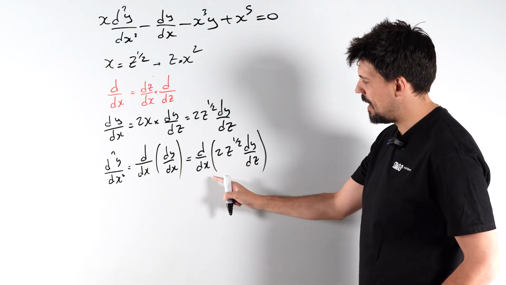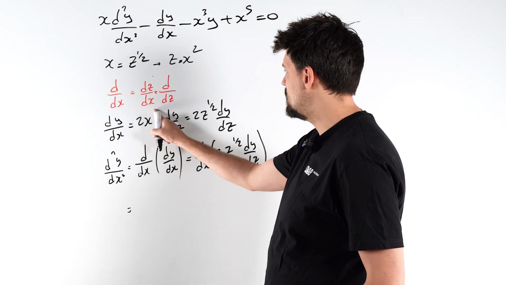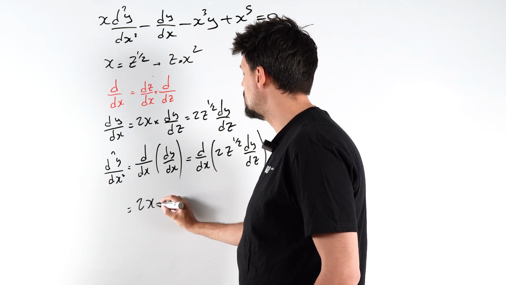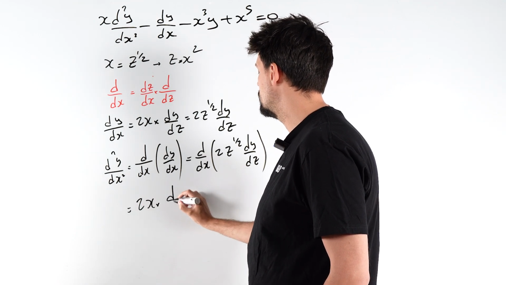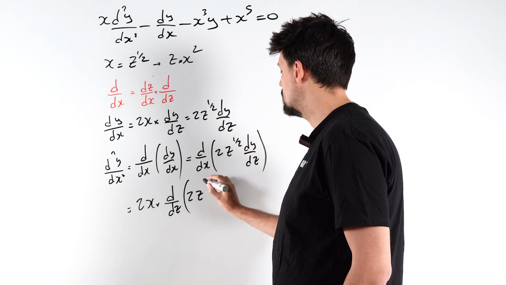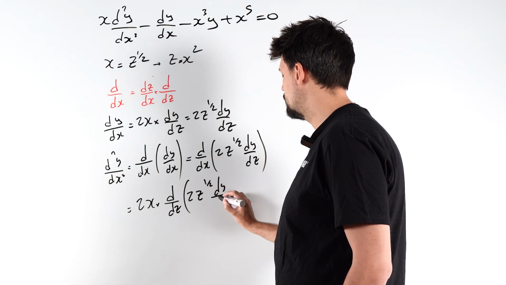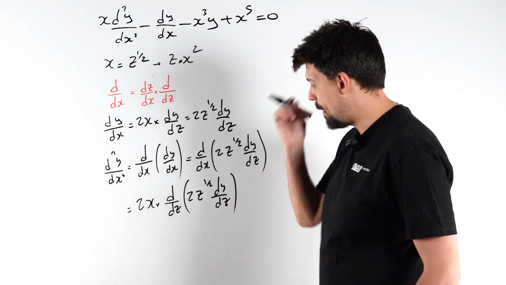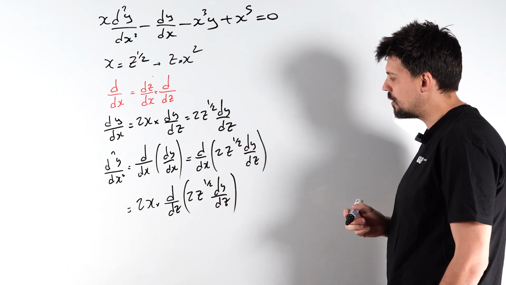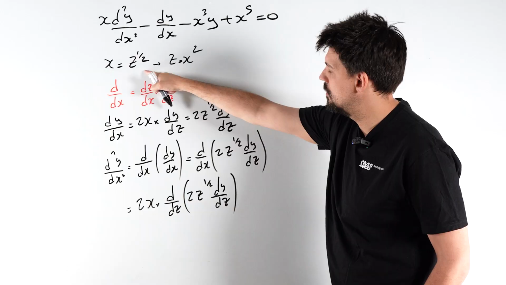Now, how do I differentiate that with respect to x? Well, we set it up here. I pick up a dz/dx, which was my 2x, times the derivative of this with respect to z, and that will just give me a product rule.